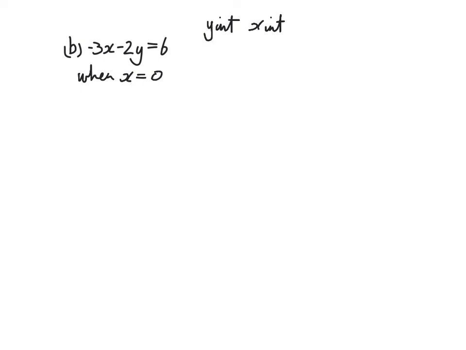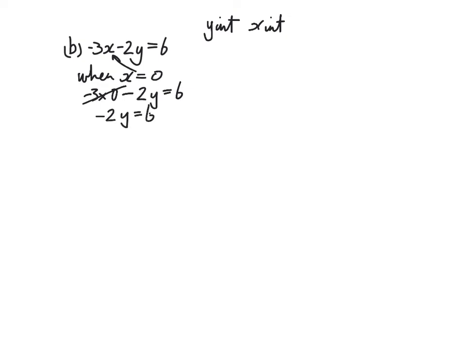So the 0 is going to go into where that x is there, and it's going to be minus 3 times 0, which you know is going to be 0. Let me put the 0 back in there. Minus 2y equals 6.